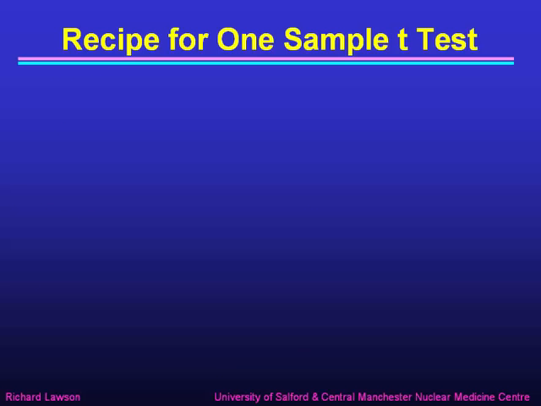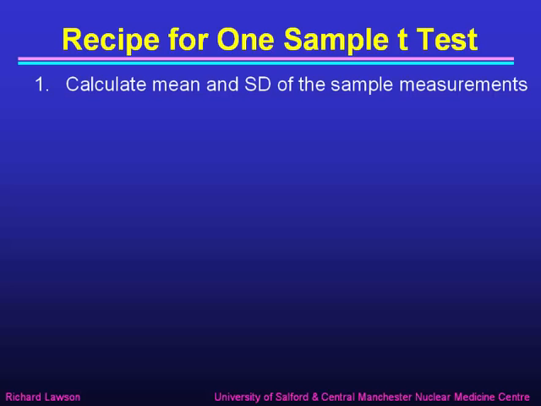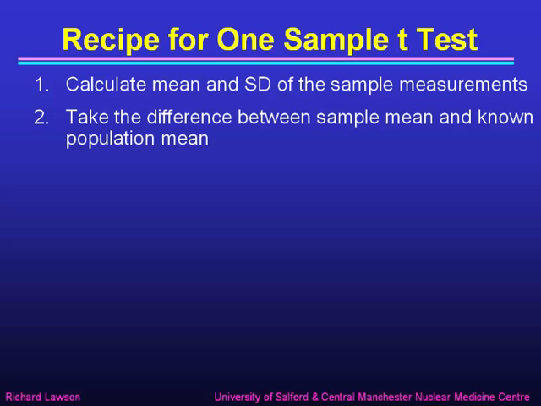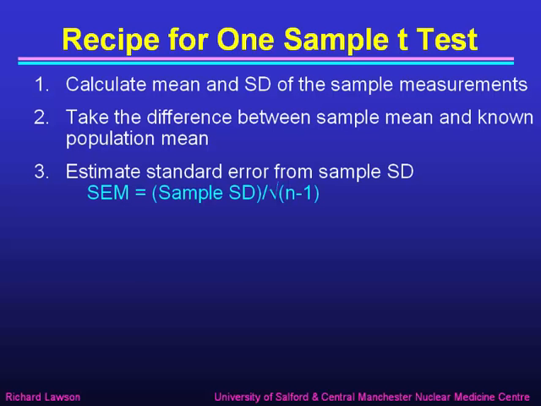So the recipe for the one sample t-test is: calculate the mean and standard deviation of the sample measurements, take the difference between the sample mean and the known population mean, and estimate the standard error of the mean. So the standard error of the mean estimated from the sample standard deviation is the sample standard deviation divided by root n minus 1.